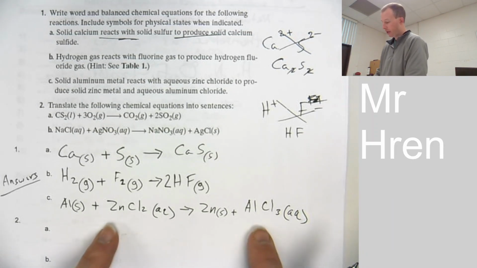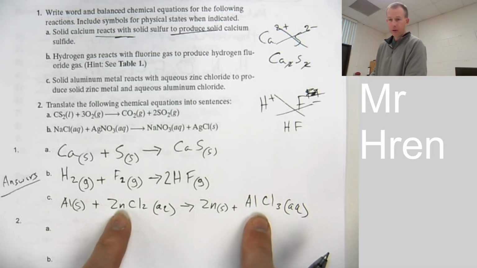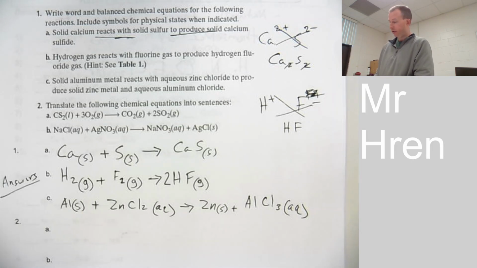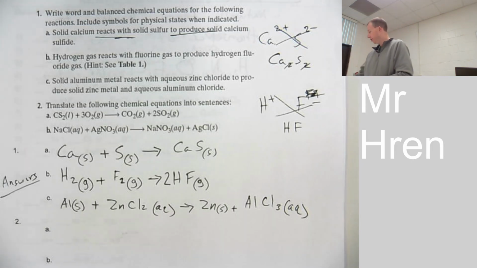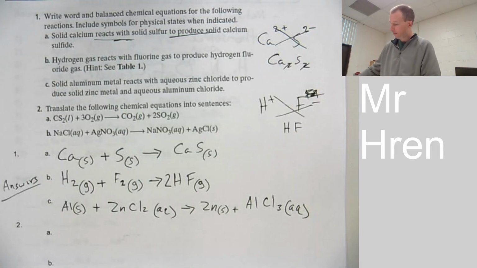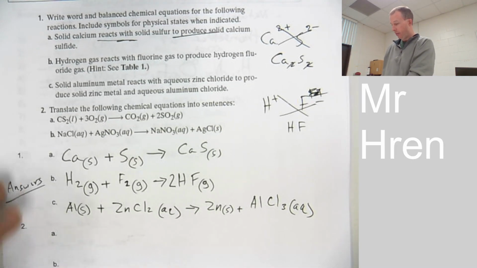The most important thing is that you write these compounds properly. When you're doing the crisscrossing, make sure you account for the charges. Refer to this if you need to, but it's all there. And for these 2, I'm just going to say them in words.